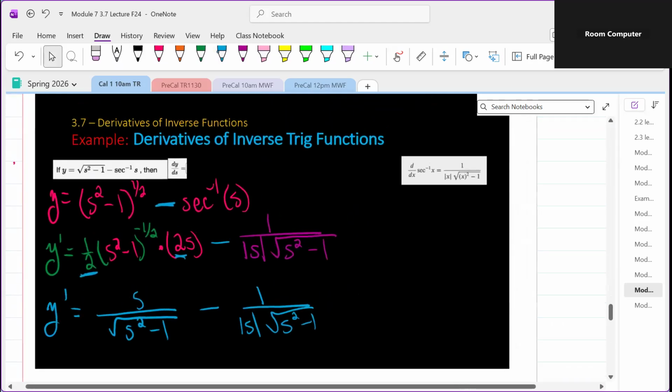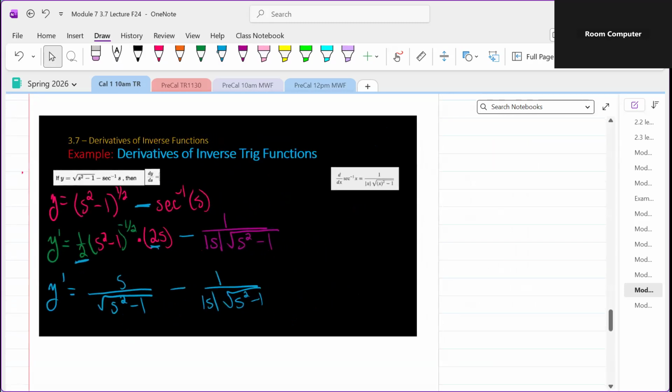But if we needed to, we could common denominator and get these together. And then we would actually have something on top that's similar to the square root on the bottom. So weird stuff can happen.